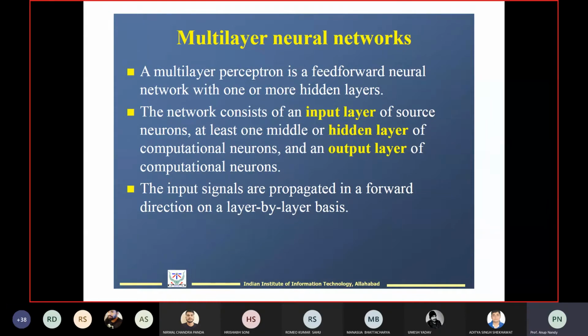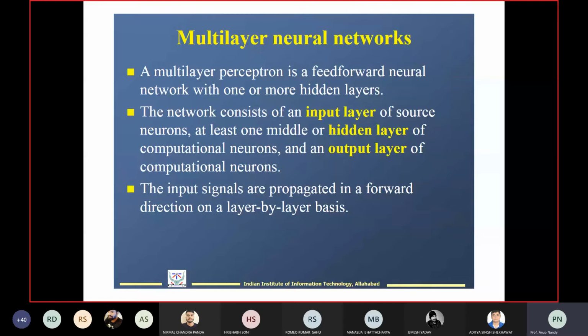So why is it called feed forward? It means you are feeding the input in the forward direction. Forward direction means from the input layer to the output layer, and backward direction means from the output layer to the input layer. Now we are feeding the input in the forward direction, and why do you apply the backpropagation algorithm? Because you are propagating the errors in the backward direction from the output layer to the input layer via the middle layer.